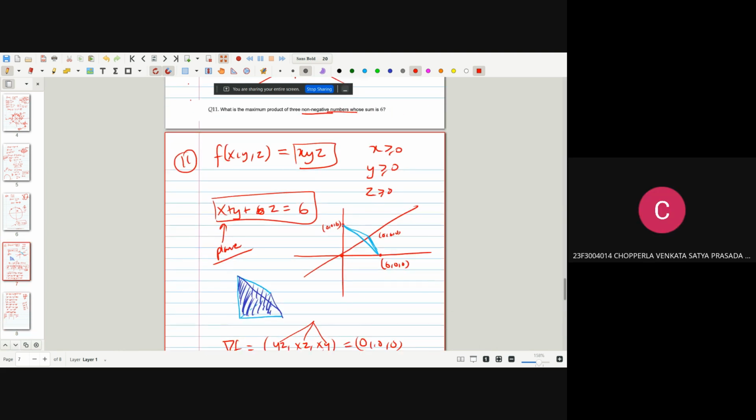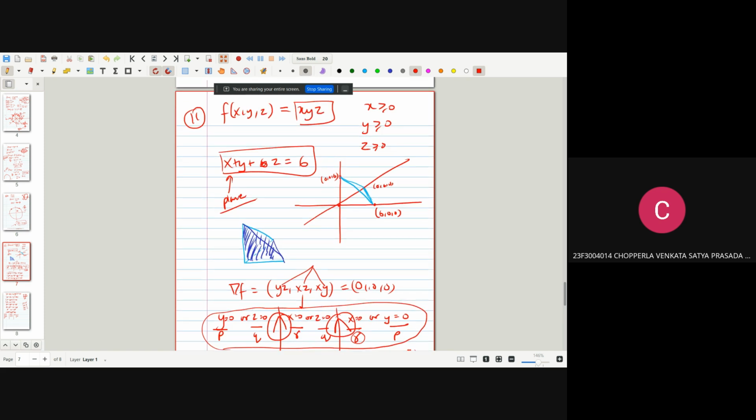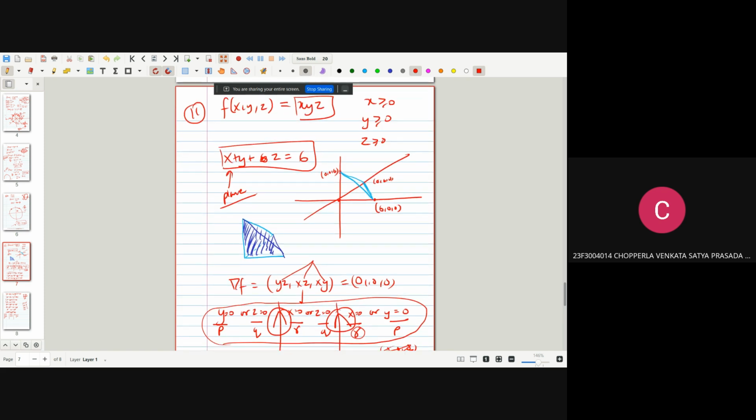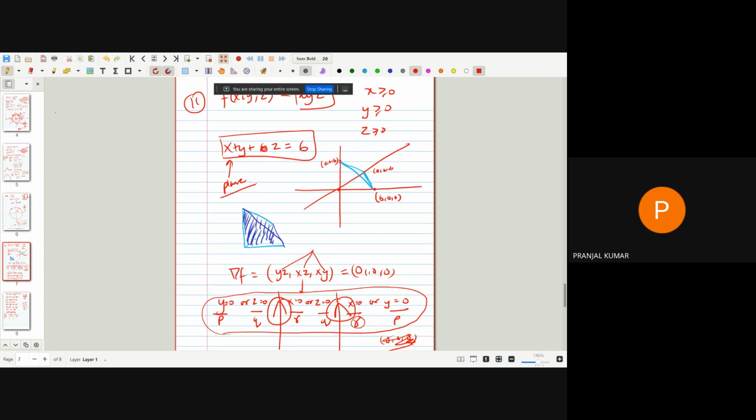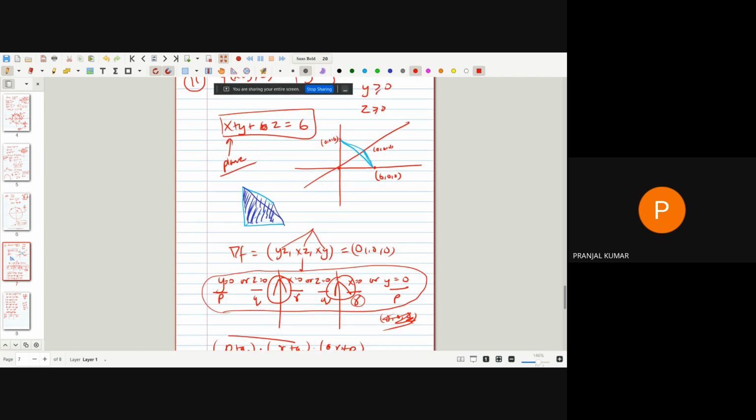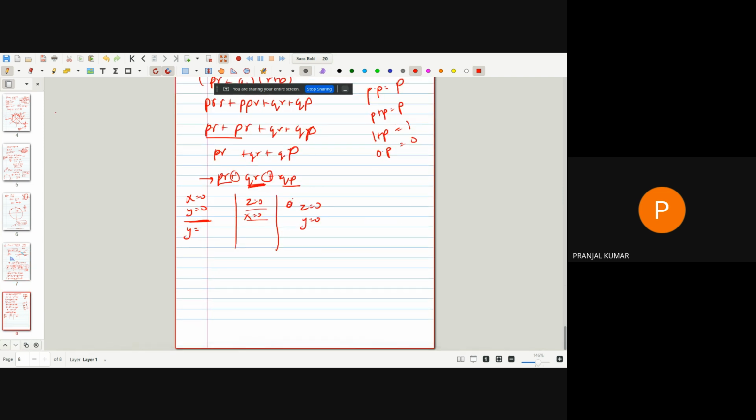So now, at all these points, 0 comma 0 comma Z, Z could take any value, then 0 comma Y comma 0, and X comma 0 comma 0, X can take any value.